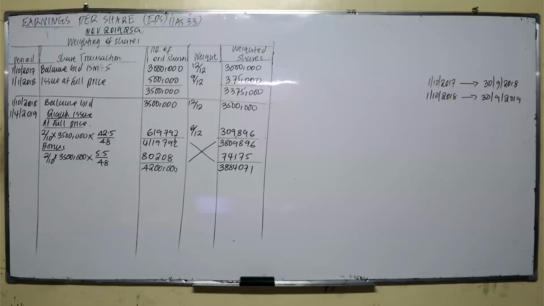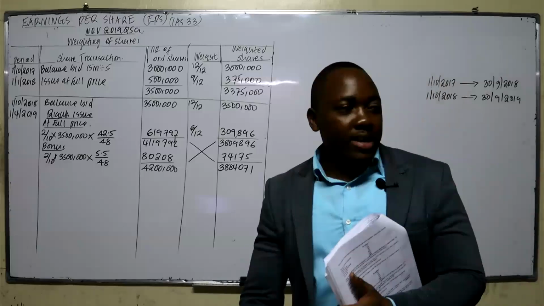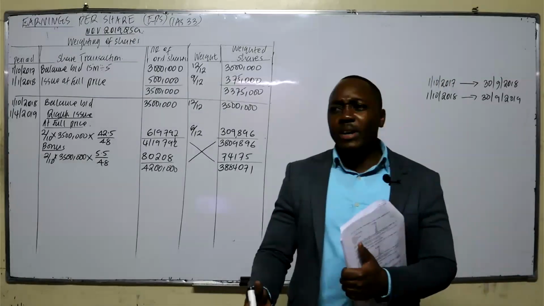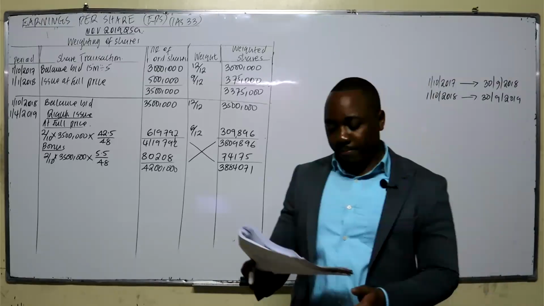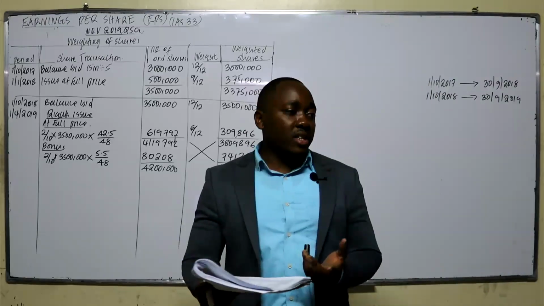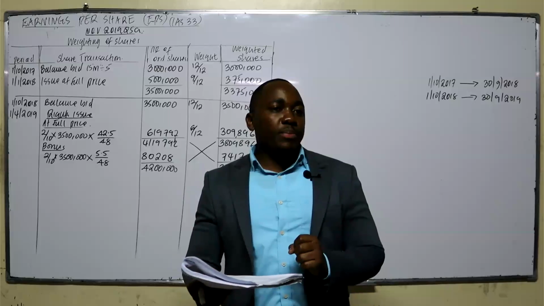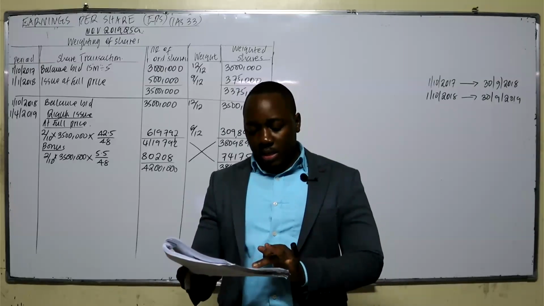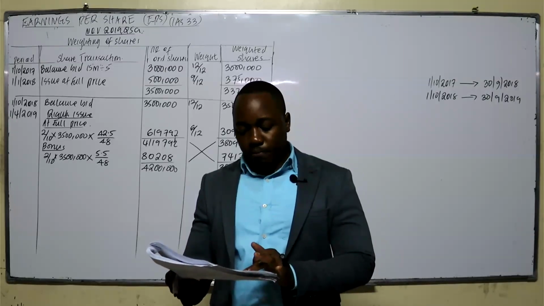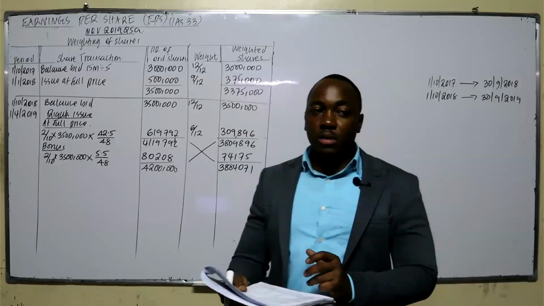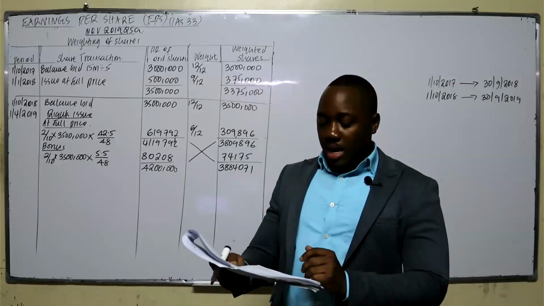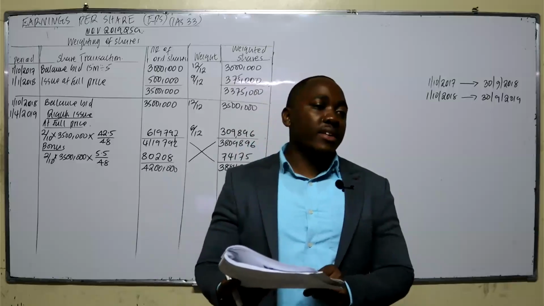Required. Now that one is irrelevant actually. That question. You see that is an unredeemable preference share. So you want to determine the preference dividends. So can you take 6% of what? It's 1 million preference shares, right?